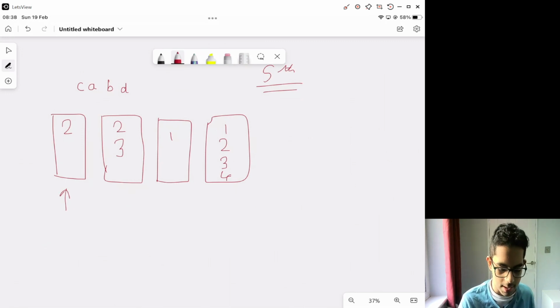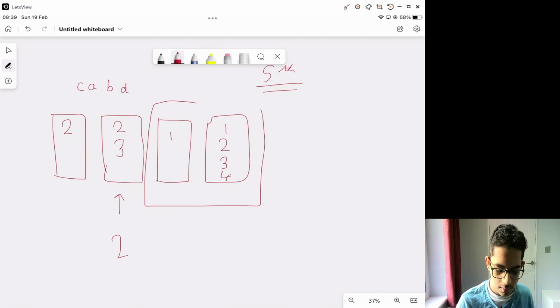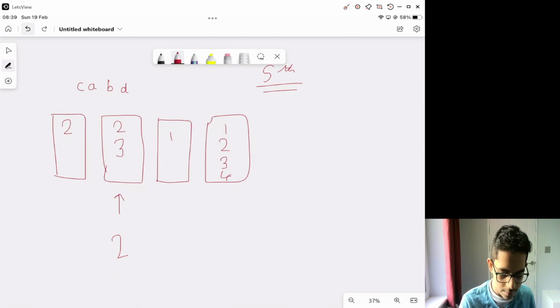Now, what are the number of preference lists which start with either a 2 or a 3 over here? The number starting with 2 would be 4, since we have 4 different choices, hence 4 starting with 2, and another 4 starting with 3.